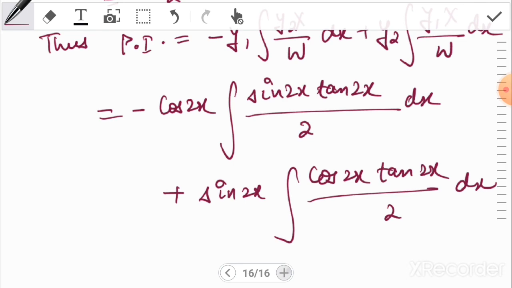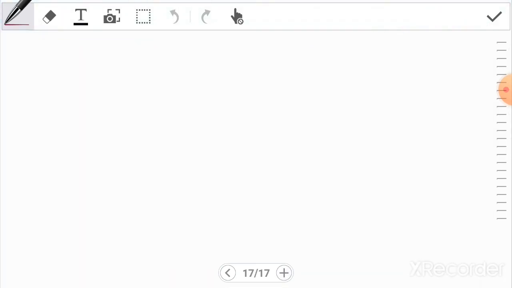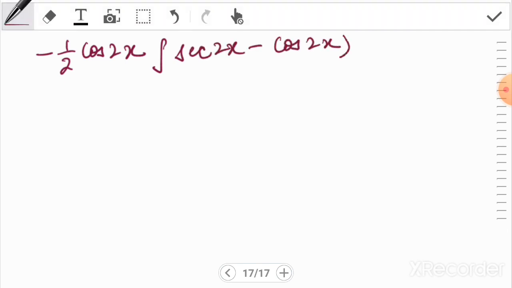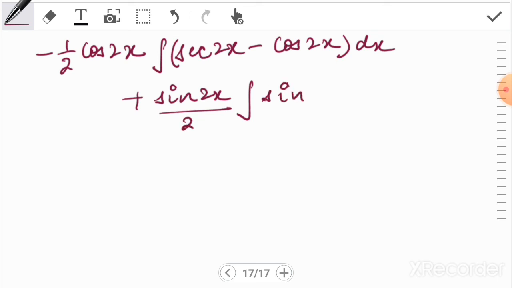Solving, we have minus half cos 2x and integral sin 2x tan 2x by 2 is equal to integral sec 2x minus cos 2x dx, plus sin 2x integral sin 2x dx.